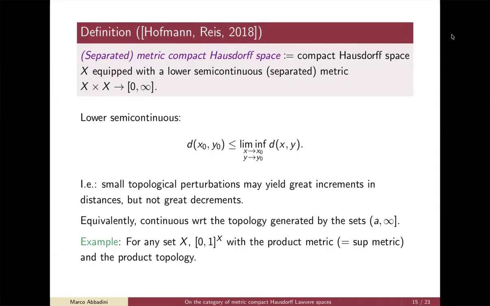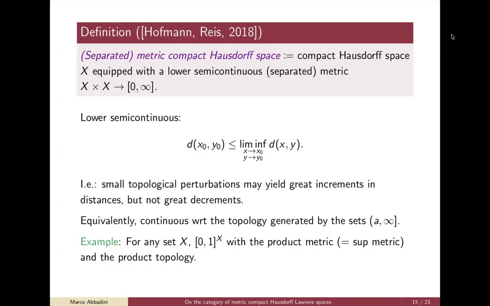Or as another example, for any set X, if I take the product, X-fold product of [0,1], with the product metric, which is also called the sup metric, and the product topology, this will be a separated metric compact Hausdorff space. And yes, in general, this metric will be lower semi-continuous, but not continuous in general.